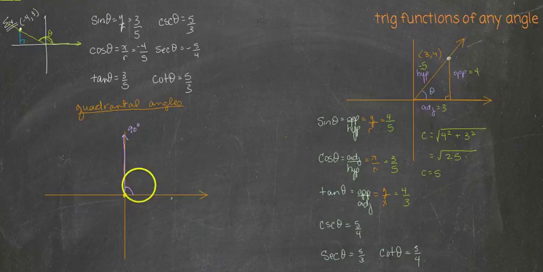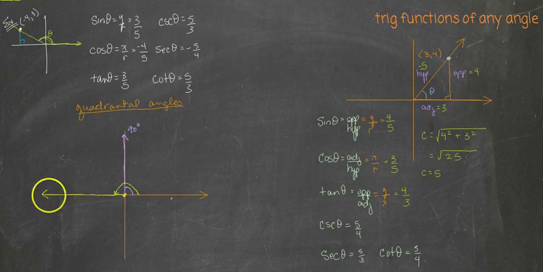The terminal ray for a 180-degree angle aligns with the negative x-axis. And the terminal ray for a 270-degree angle aligns with the negative y-axis.